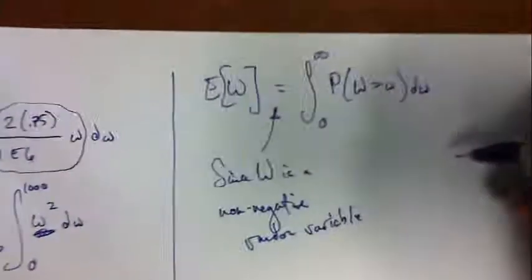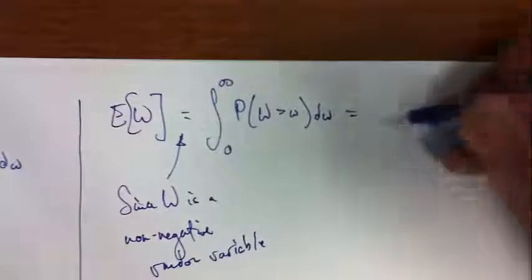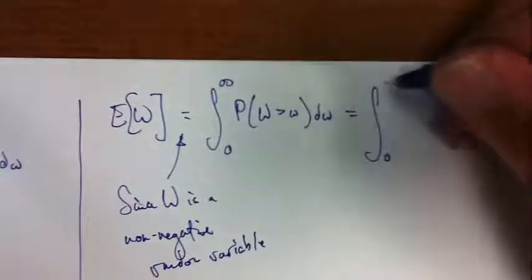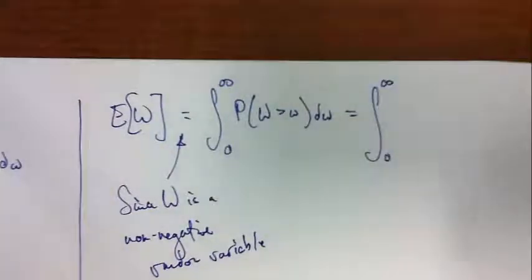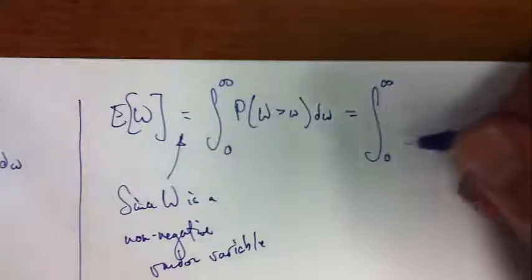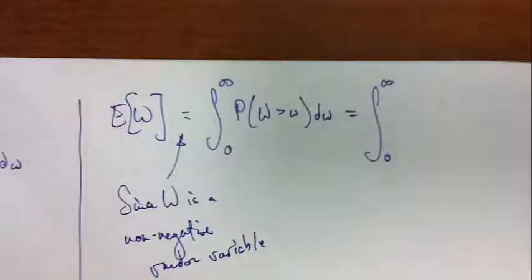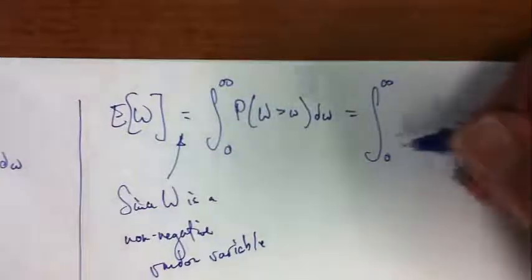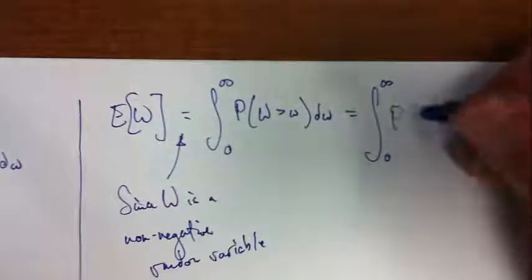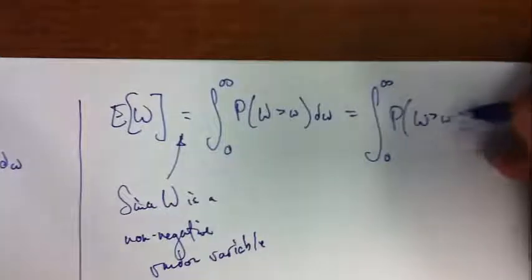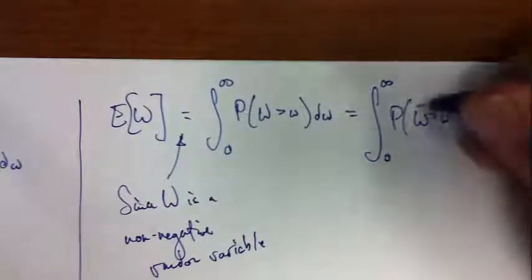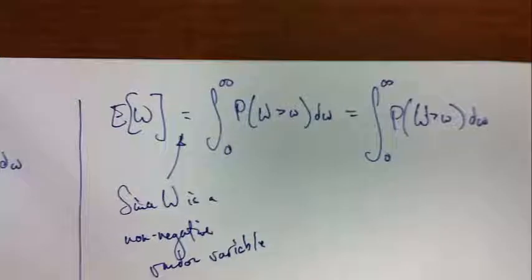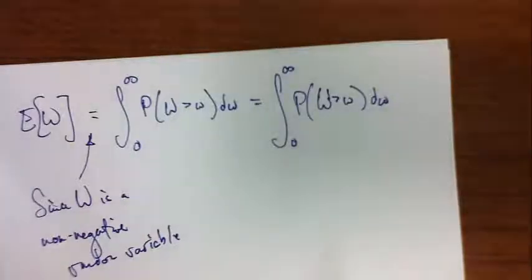What this is now, in our new notation, we can write as the integral from 0 to infinity of, well, maybe I'll just keep it like that: the probability that W is greater than w dw. Good. Just like that.